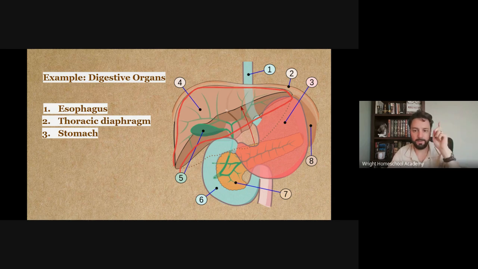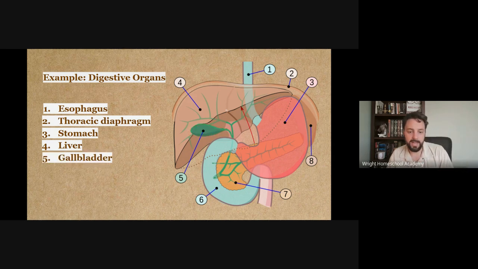It's like 3.5 pounds, something like that. That is your liver. Your liver. Okay, how about number 5? Number 5, what's that? If you said the gallbladder, congratulations, you should be teaching the course. Come on up here.